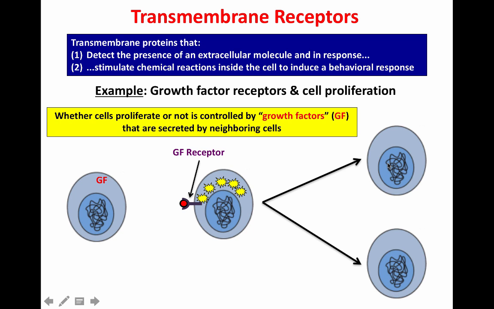At the end of the course, we're going to talk in pretty good detail about exactly how this works out. But for now, I just want you to appreciate that some proteins function as receptors that bind some extracellular molecule, and once they're bound, they activate chemical reactions that can in turn induce a behavioral response. In this example, the behavioral response was the induction of proliferation.